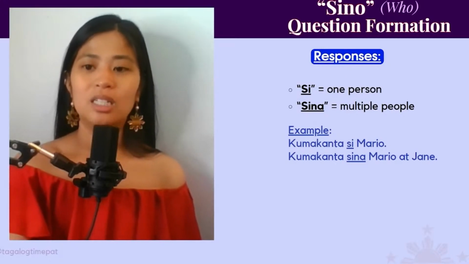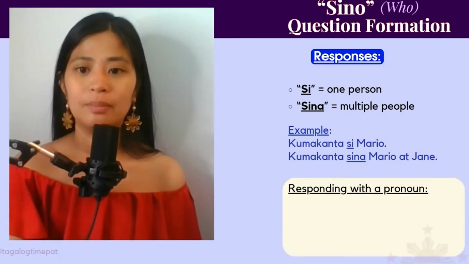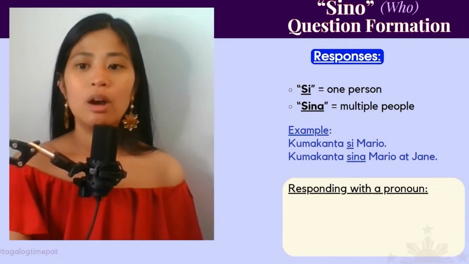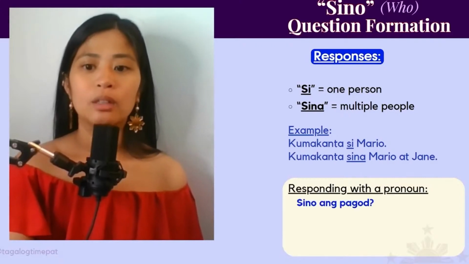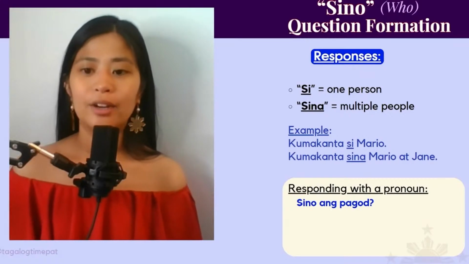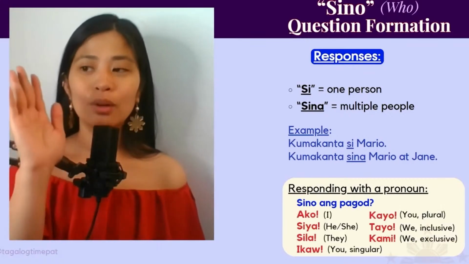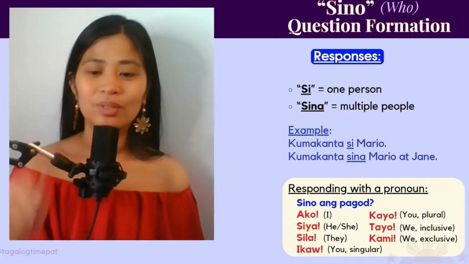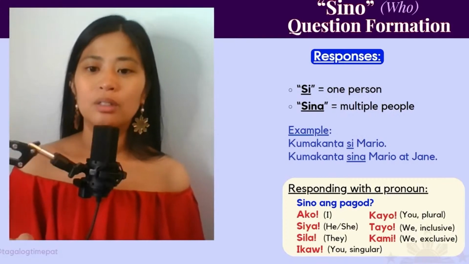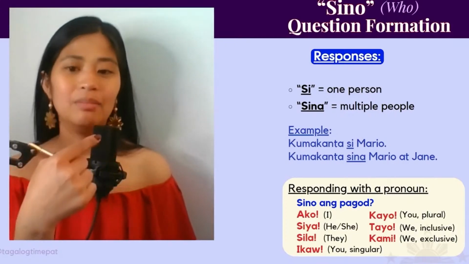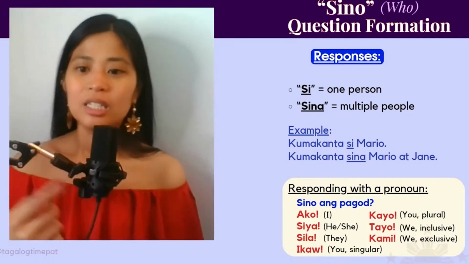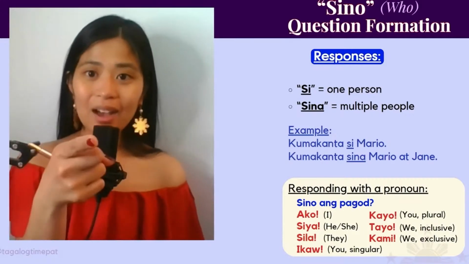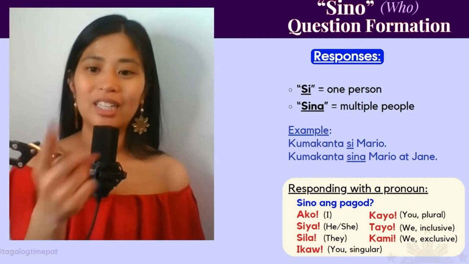So sina is used because there's more than one person. Now you can also respond with a pronoun. So sino ang pagod? Who's tired? You can say ako, me. Or sino ang pagod? Siya, he is. Sino ang pagod? Ikaw. You are tired.